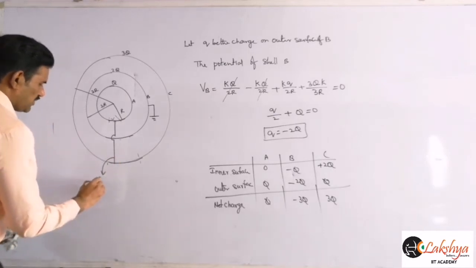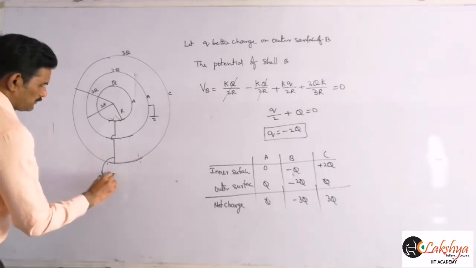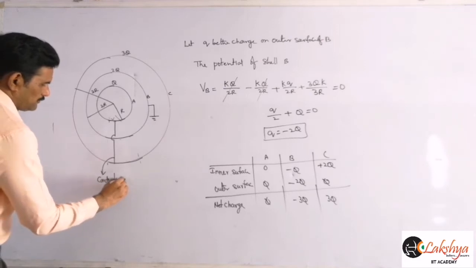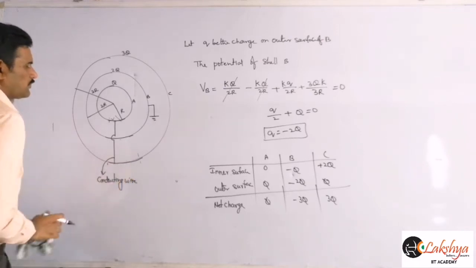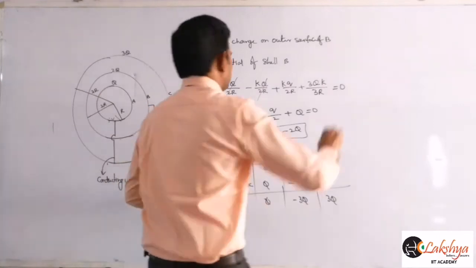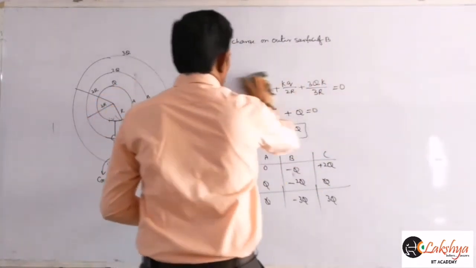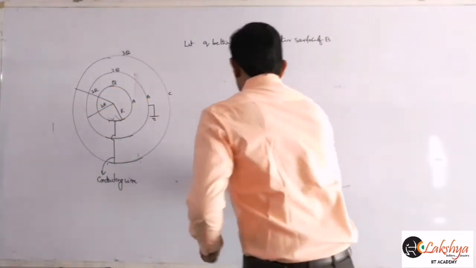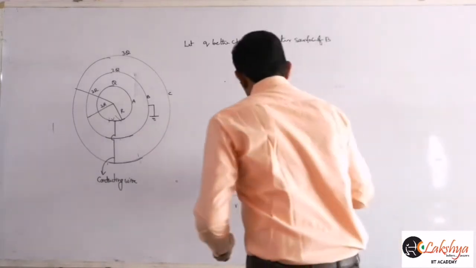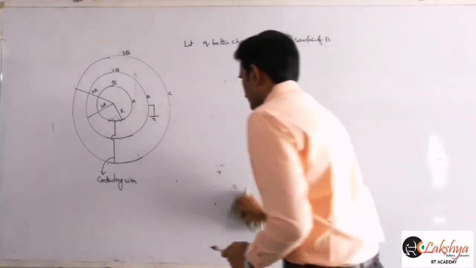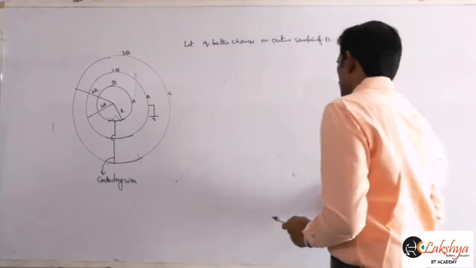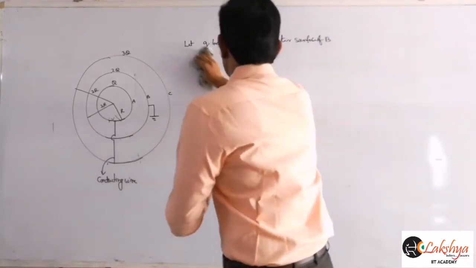So this is a conducting wire. So now write it as the next problem for us. 3 concentric shells A, B, C are shown in figure.